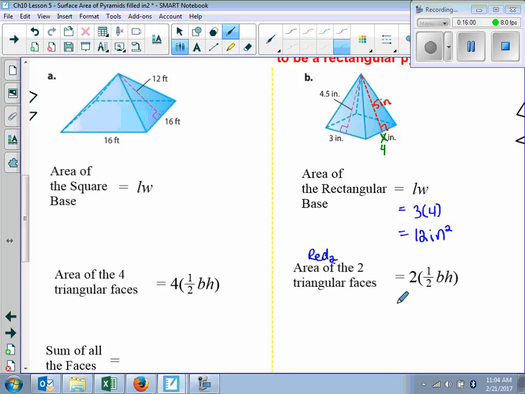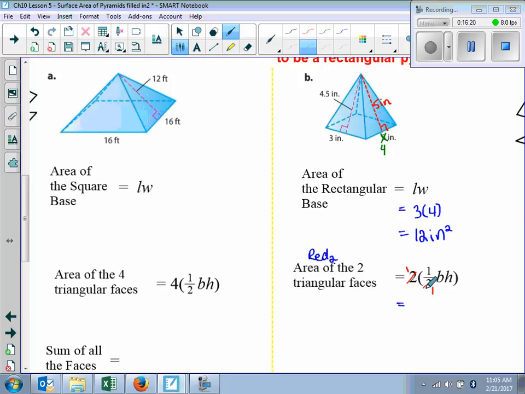So we're just going to substitute. Oh, but actually, before I simplify, can I simplify these 2's? Okay, so we can simplify those 2's to 1, and the reason we're multiplying times 2, of course, is because there are two identical triangles, right?